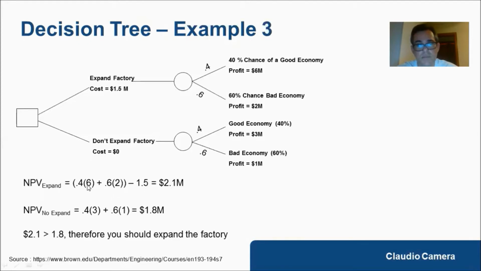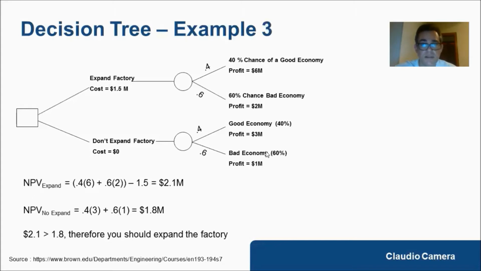So summing up the outcomes multiplied by their probabilities and taking away the cost of expanding, we're going to profit 2.1 million as the expected value.